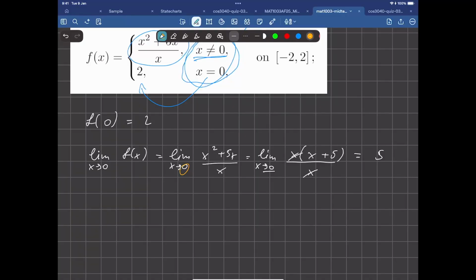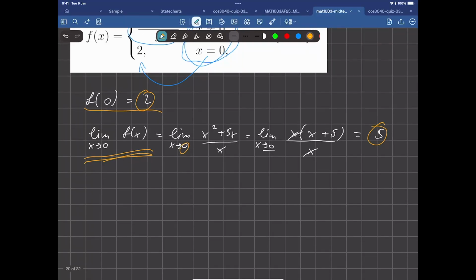However, that 5 that I just got for the limit is different from the value at 0. Whenever you have the two-sided limit, because sometimes you might not even have the two-sided limit, sometimes you might have different limits on the different sides, so this will be D and E. But whenever you have the two-sided limit, and it's different from the value at the given point, you have a removable discontinuity.